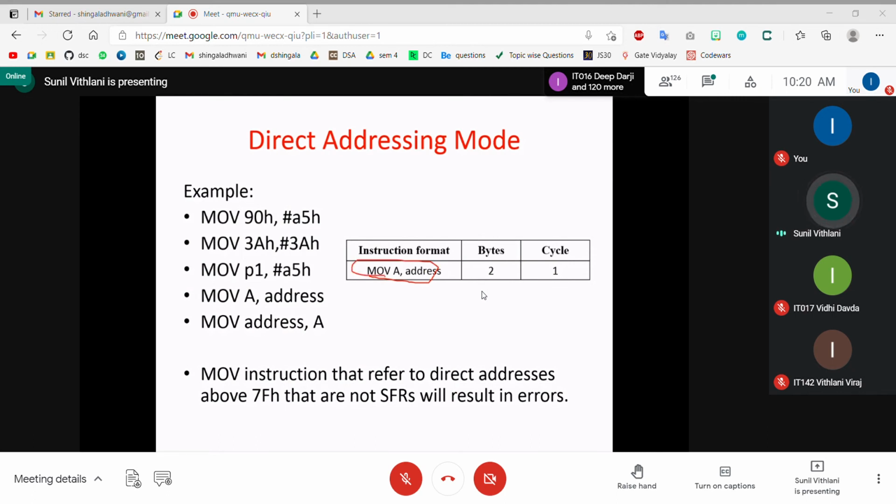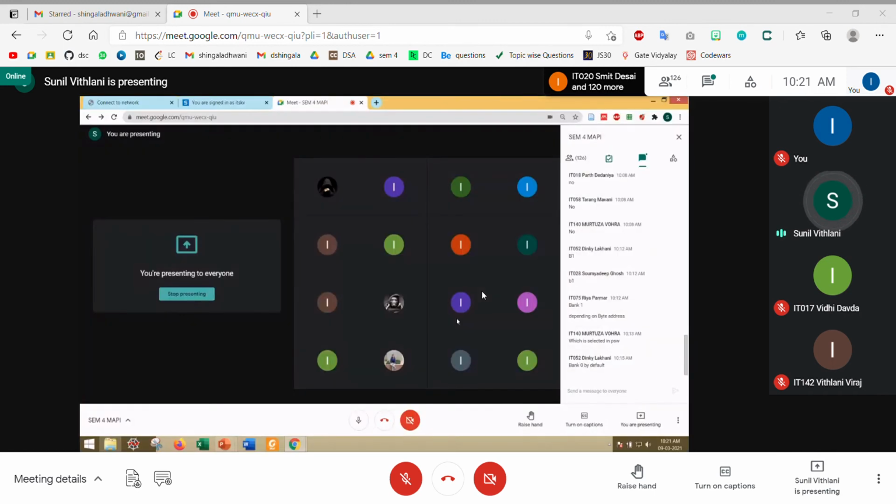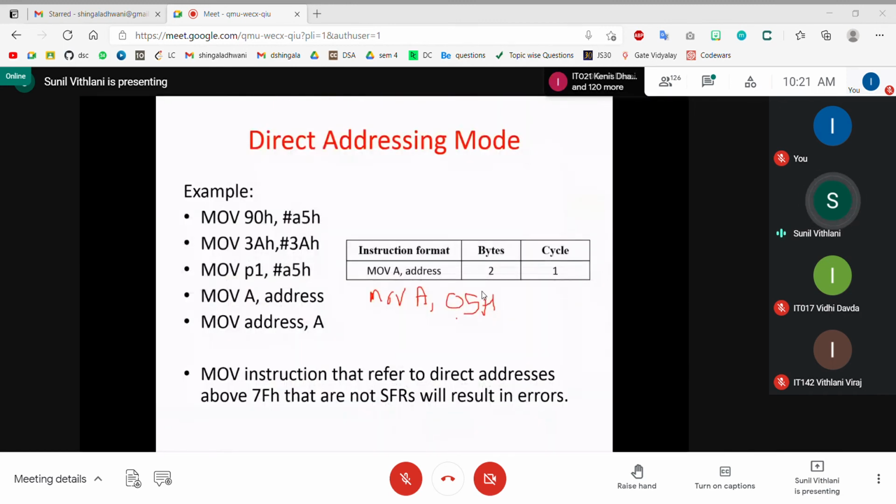if you want to transfer data from specific. So if you want to select move A, let's say that 05. So इसका interpretation क्या होगा? Move A 05H. What is the interpretation of this?